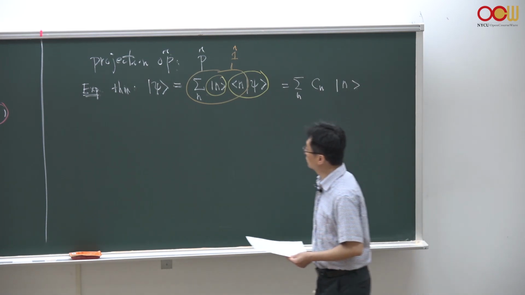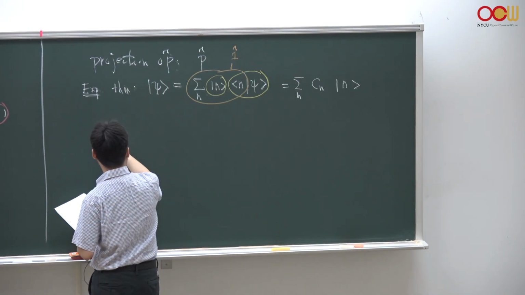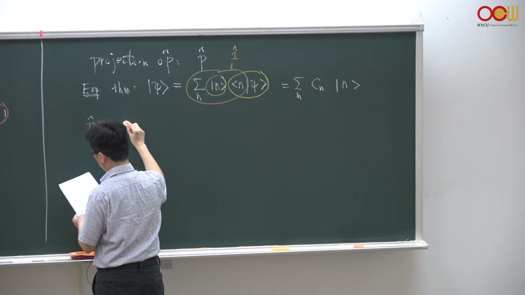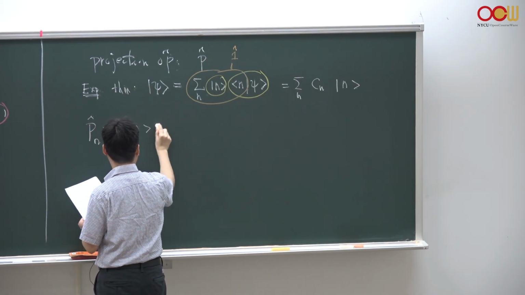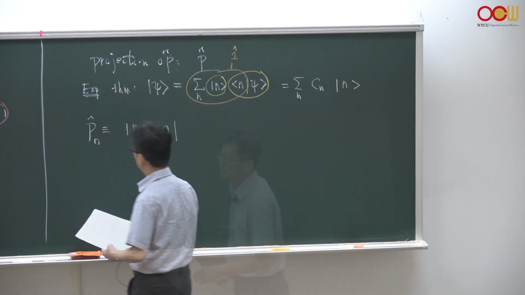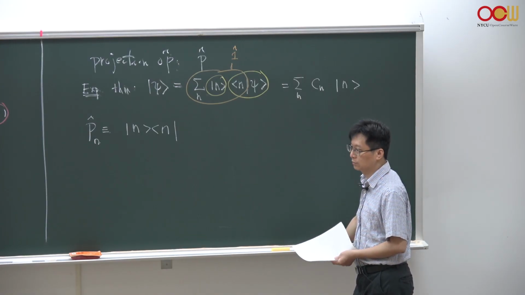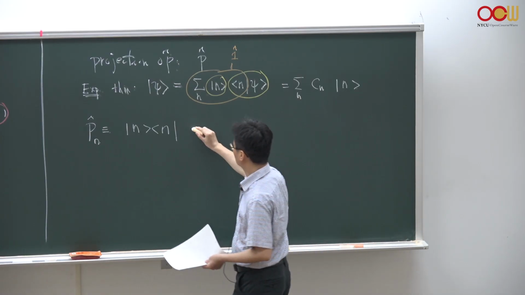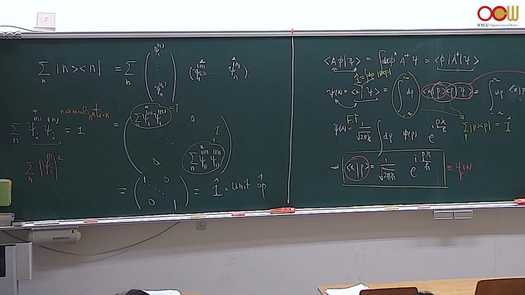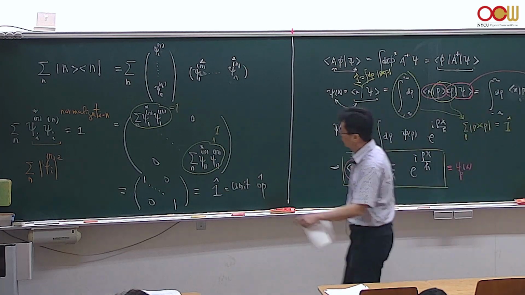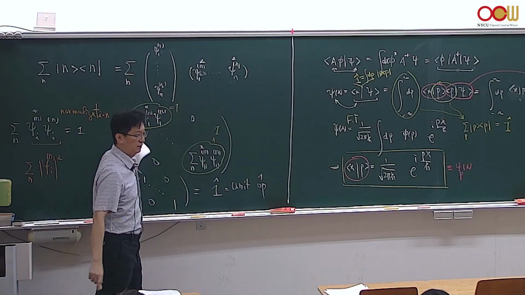Okay, so now let's define this so-called projection operator P or Pn, which is defined by this ensemble, this matrix product between this Dirac ket on the left and Dirac bra on the right. Okay, so this is precisely the matrix element I wrote right there before we sum over n.